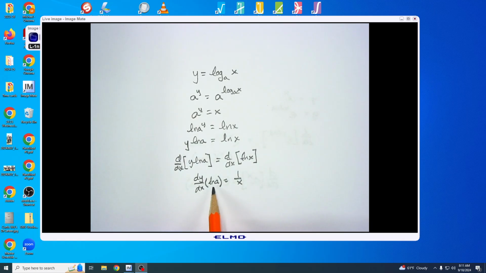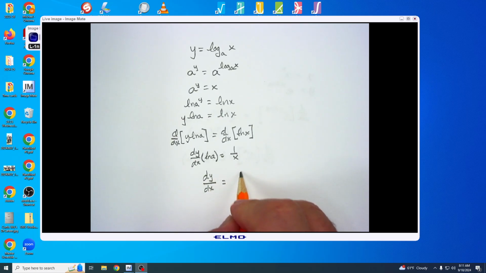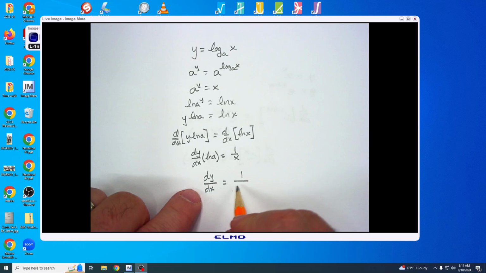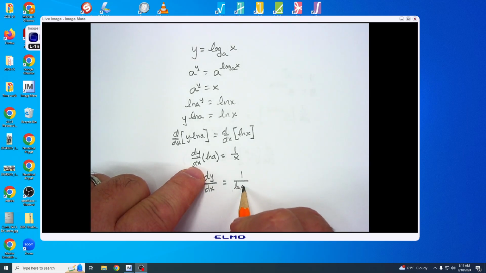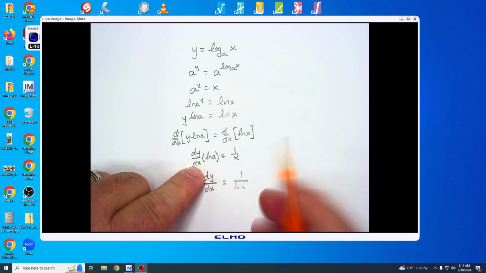And that allows me to now divide both sides by the natural log of a, so that my dy dx has to equal 1 over, let's just make sure we get this right, natural log of a times x.